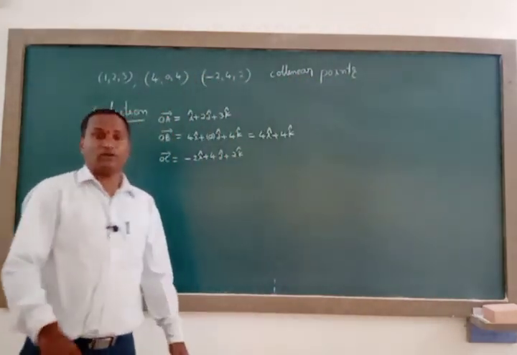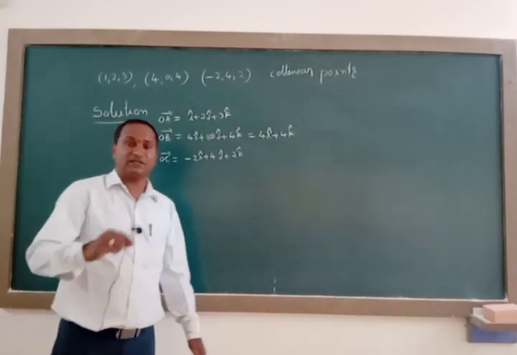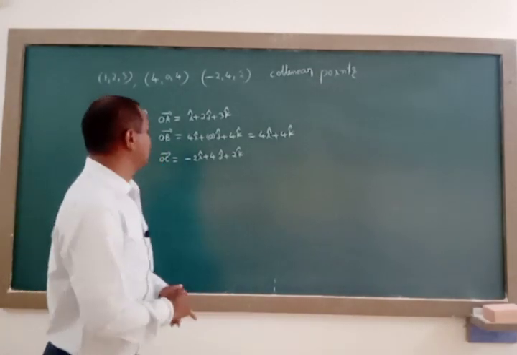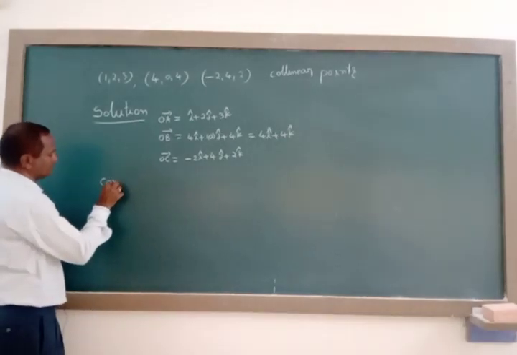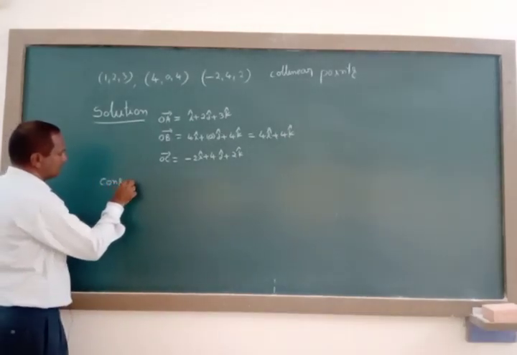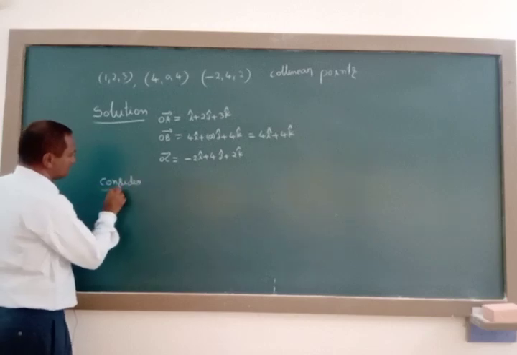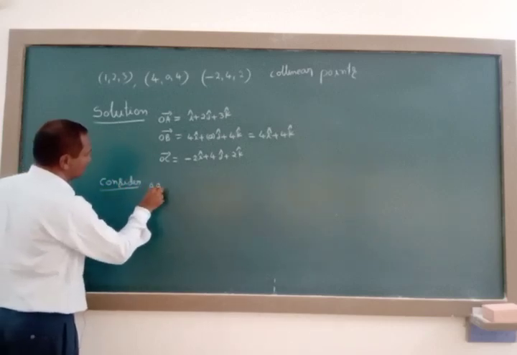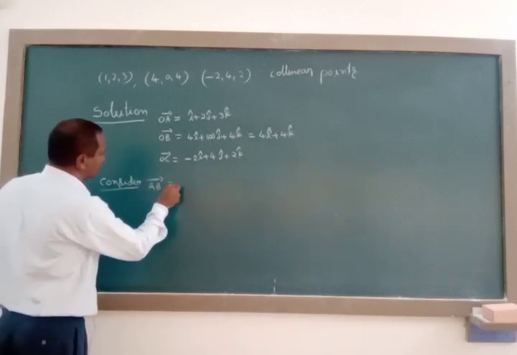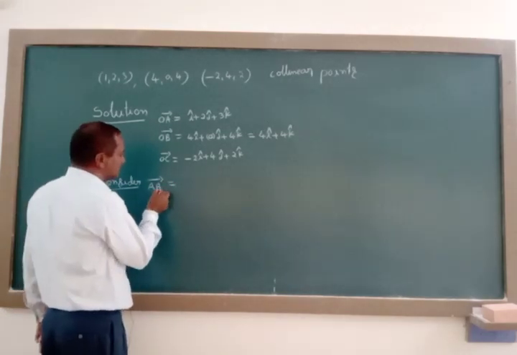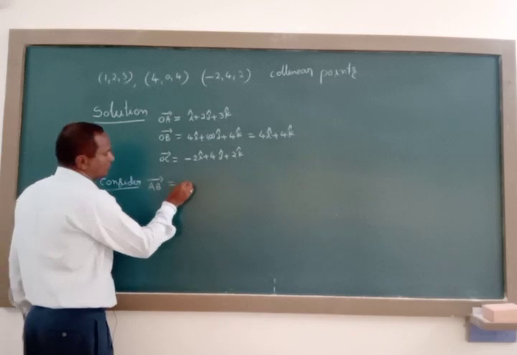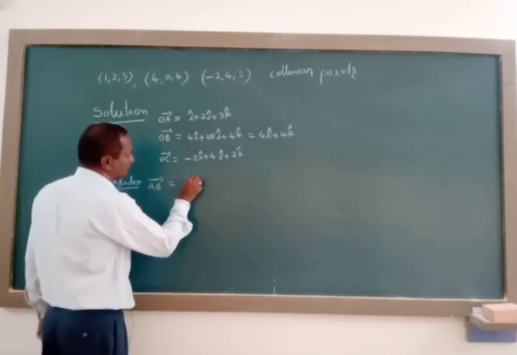To show that formula, we must find the given 2 vectors. Consider the vector AB bar. AB bar means, already I told, to convert into terms of position vectors, second minus first, OB bar minus OA bar.